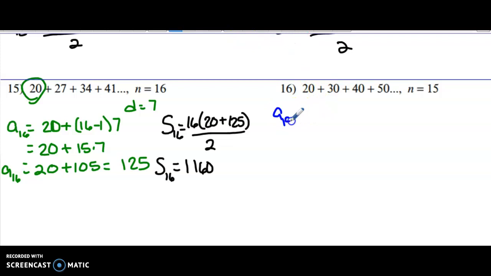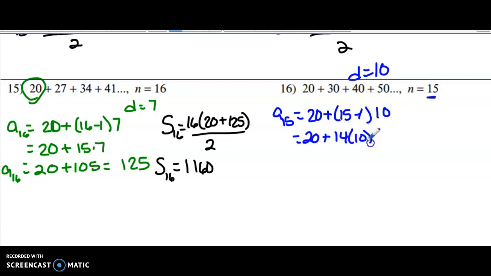A sub 15, because that's my n, is a sub 1 plus 15 minus 1 times, what am I doing each time? Yeah, my common difference is 10. I'm adding 10 each time. So I have 20 plus 14 times 10, which gives me 20 plus 140, which gives me 160 for my a sub 15.